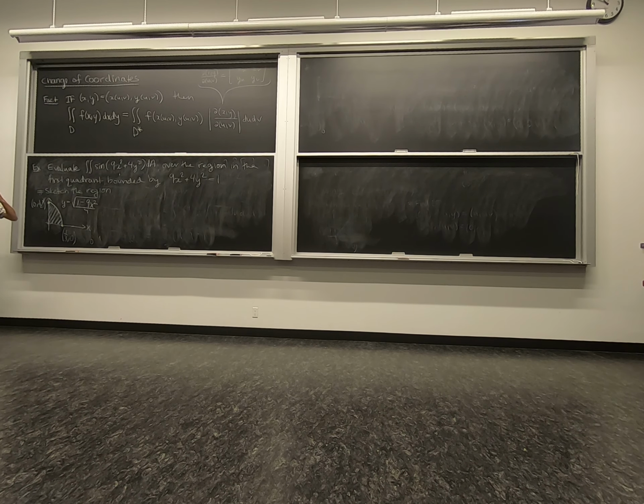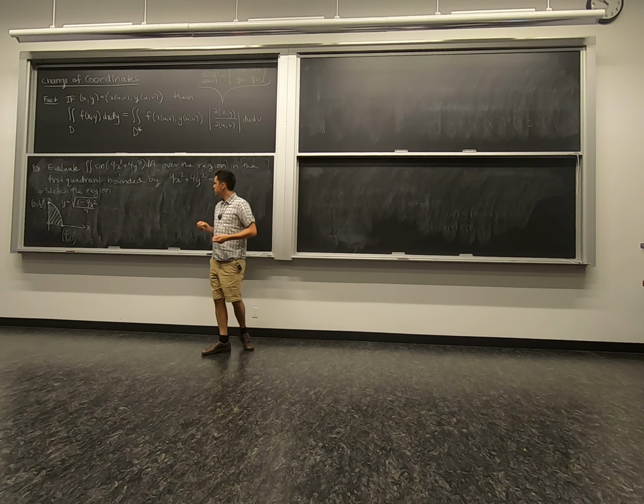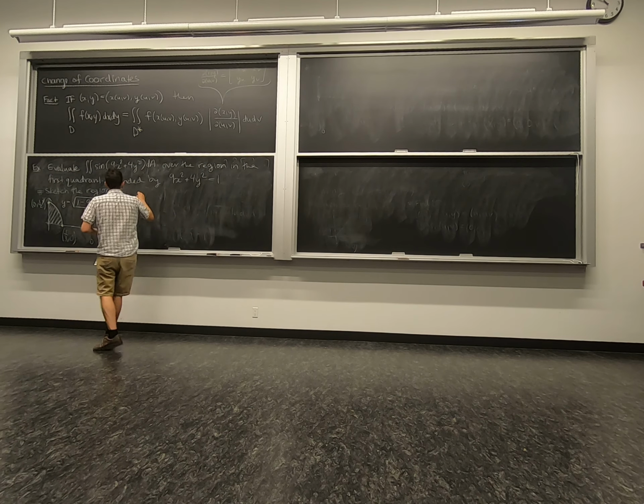So what we'll do is a change of coordinates so that it becomes more circular, right? If we can round this region out and account for the change in area, then we can do this in polar coordinates instead. So we'll make a move to polar coordinates.